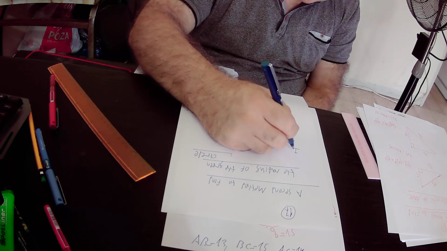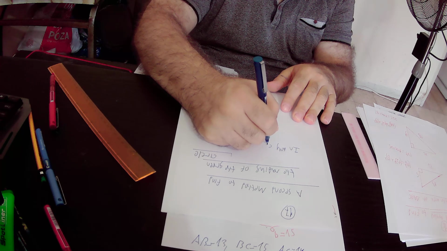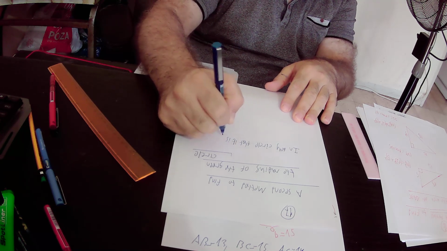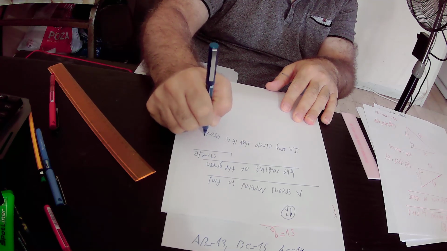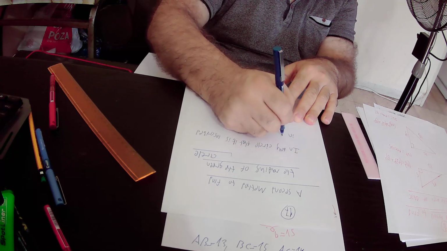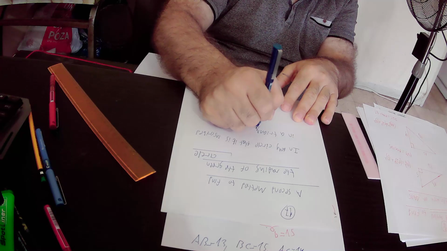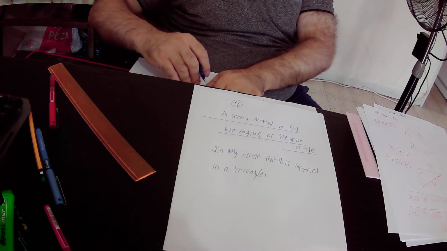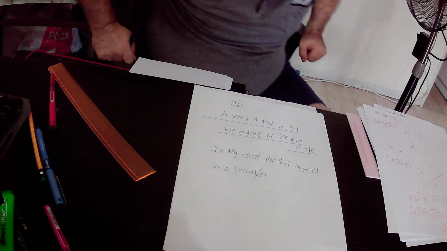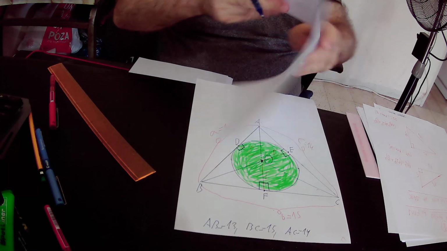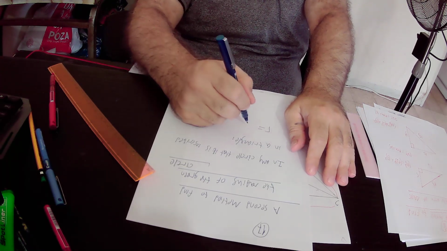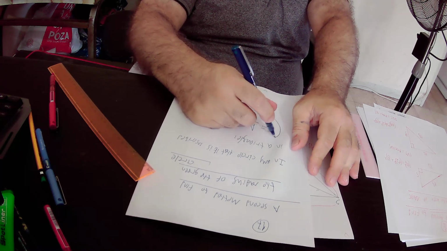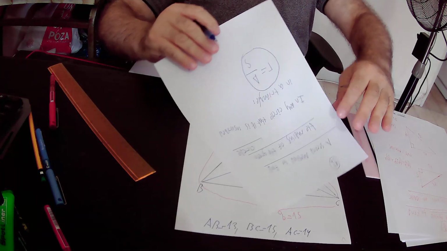In any circle that is inscribed in a triangle, the following equality is true: the radius of the circle inscribed inside the triangle equals the area of the triangle that contains the circle over the semi-perimeter of that triangle.